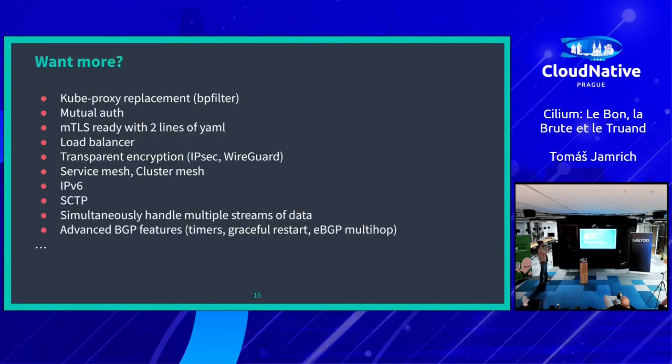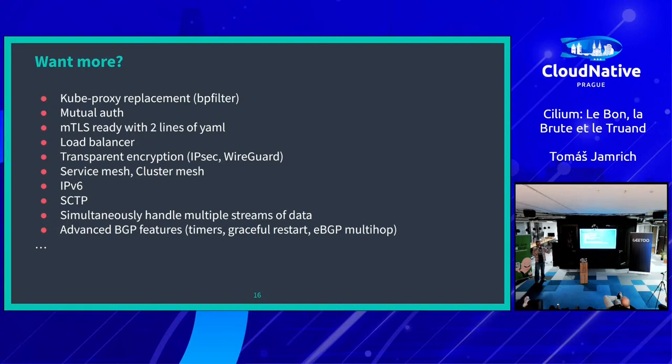Okay, that was just some basic stuff, and if you want more, Cilium offers the kube-proxy replacement, which is called the BPF filter. So everyone not already using Cilium probably uses kube-proxy, which in the backend relies on iptables, which we all know are slow in the end.